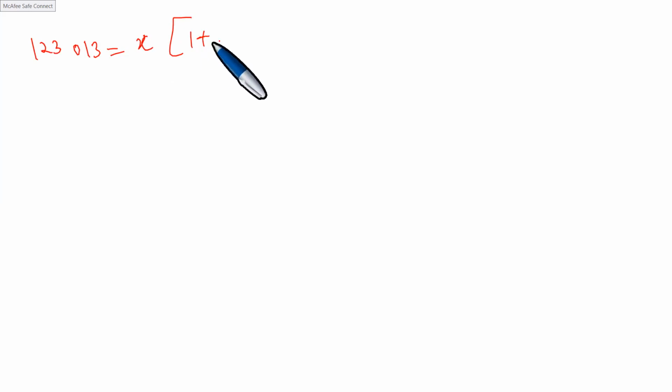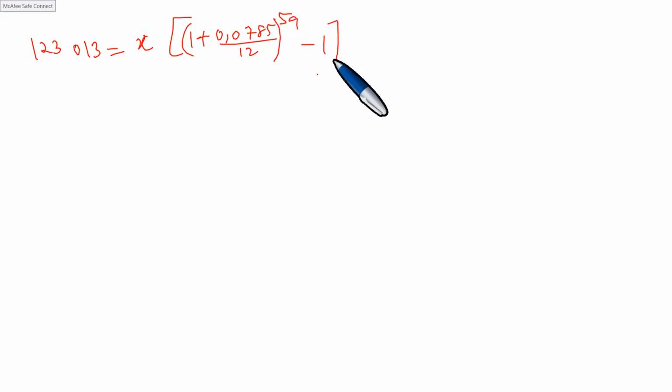So what we're getting, from the previous page, is 1,230,13 equals x into (1 plus 0,0785 divided by 12) to the power 59 payments here, minus 1.